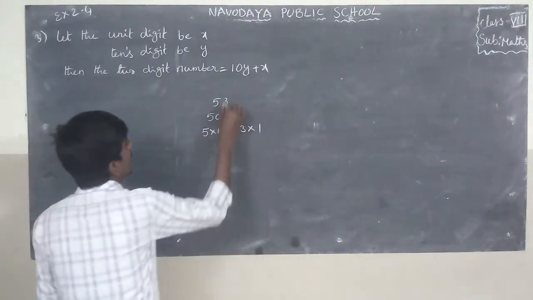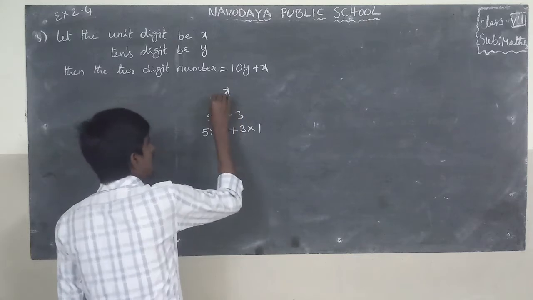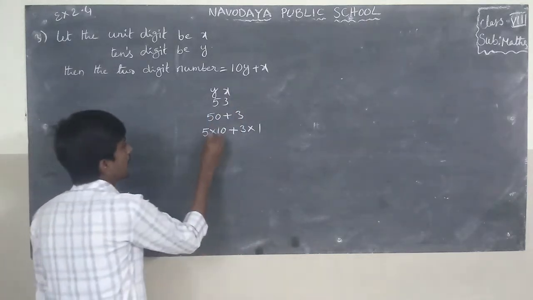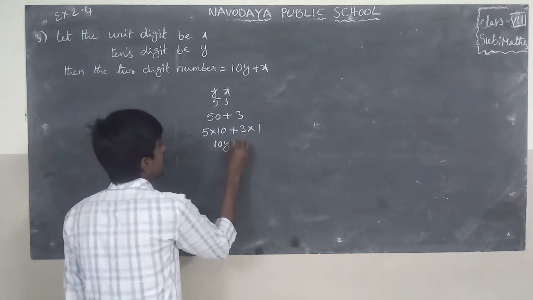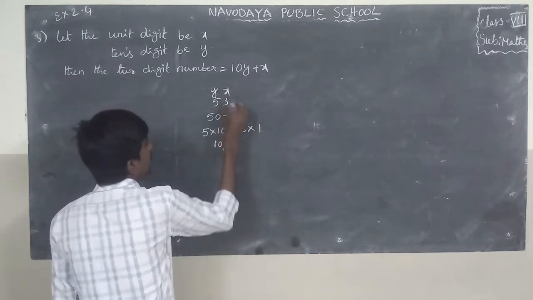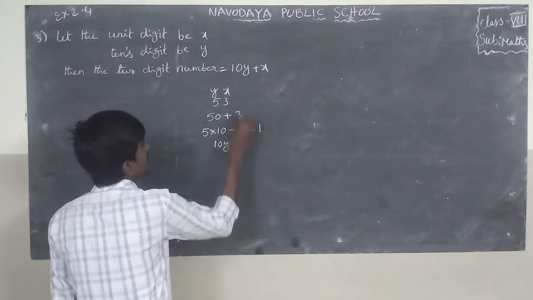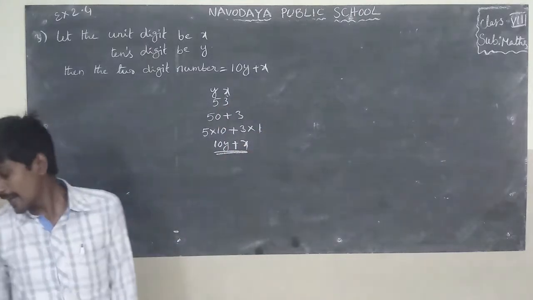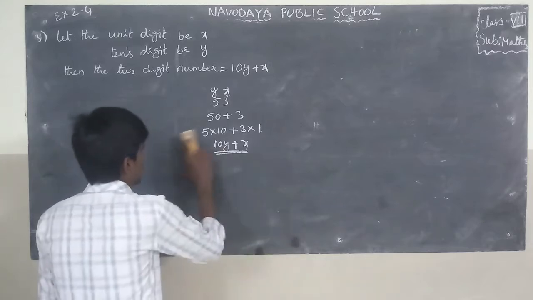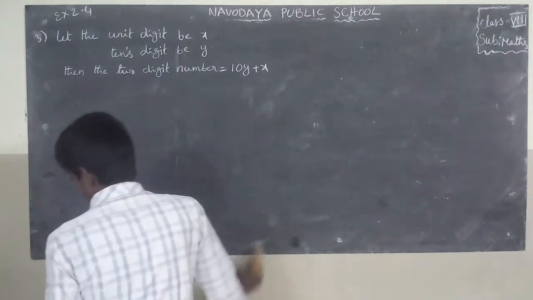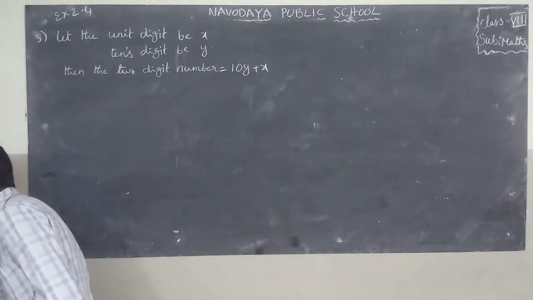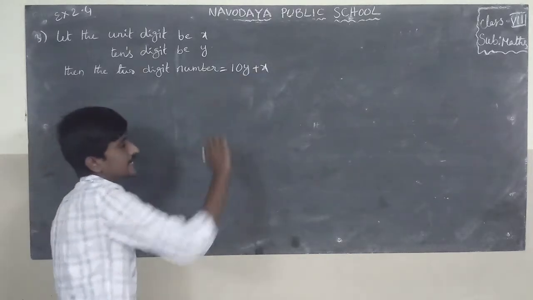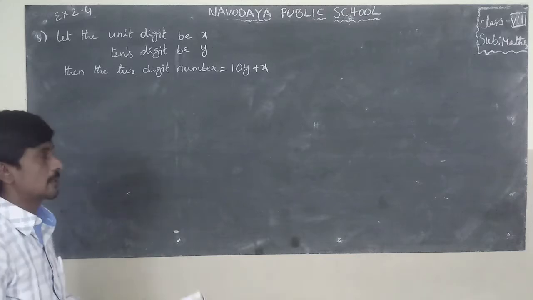So with tens digit y and unit digit x, the two-digit number is 10y plus x.